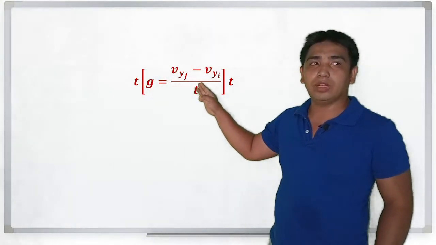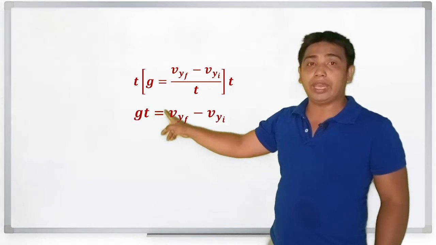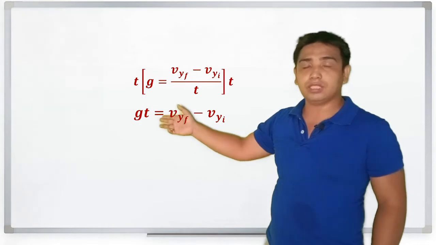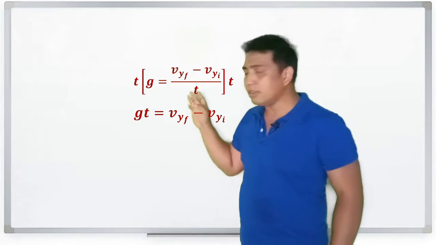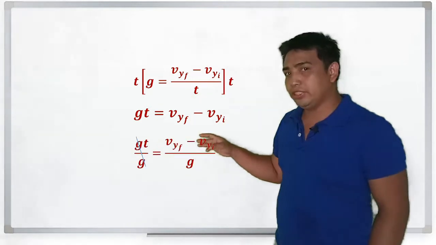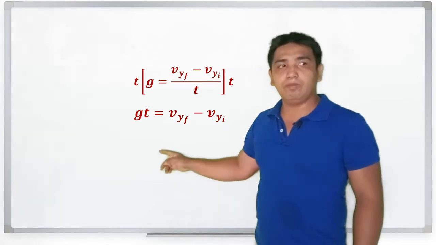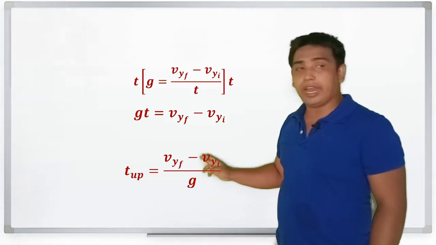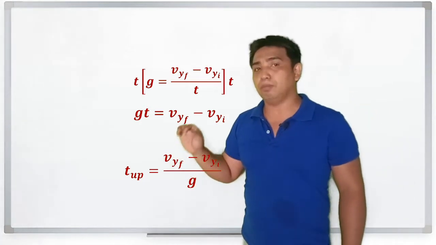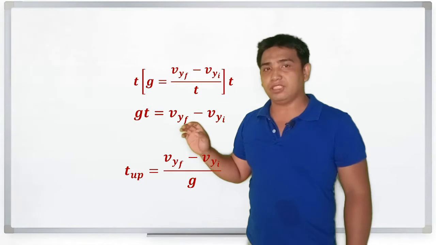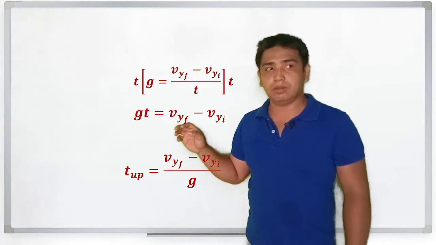And then you will get gt is equal to Vyf, the final velocity in the y direction, minus Vyi. Alright, and then divide both sides by g. So the time to get up is equivalent to Vyf minus Vyi all over g. So this is the point in time wherein the velocity of the ball is equivalent to 0 meters per second.